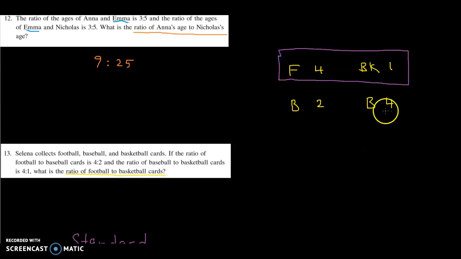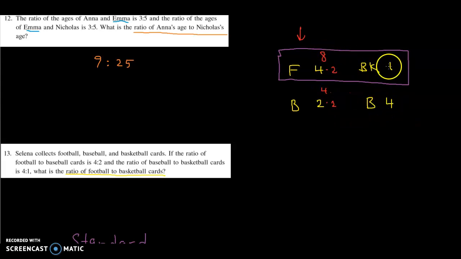Well, this shouldn't be too bad. Our bridge is the baseball cards, right? These numbers are not the same, but what's the least common multiple to turn both of these numbers identical to each other? It looks like it's just 4. I could multiply this row right here by 2 and this by 2, and that gets me to football becomes 8, baseball becomes 4, and we're done.